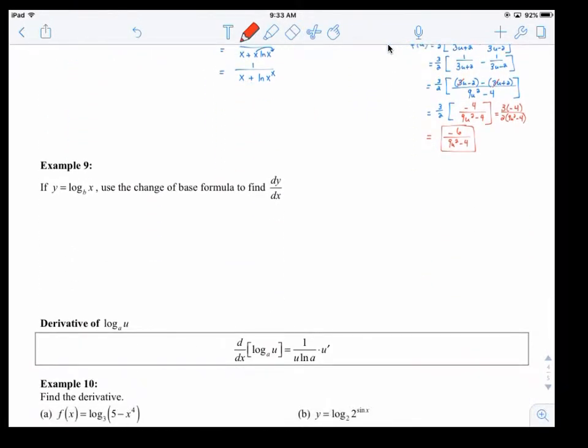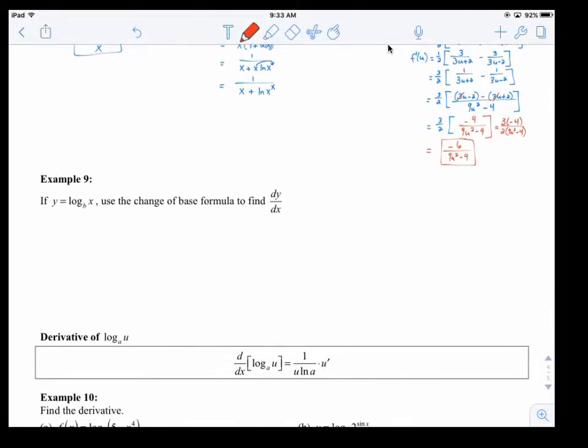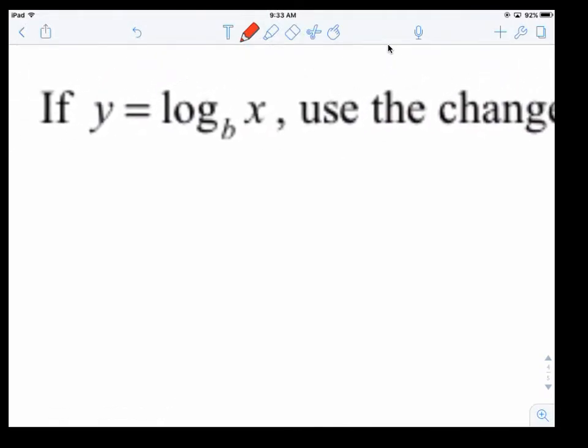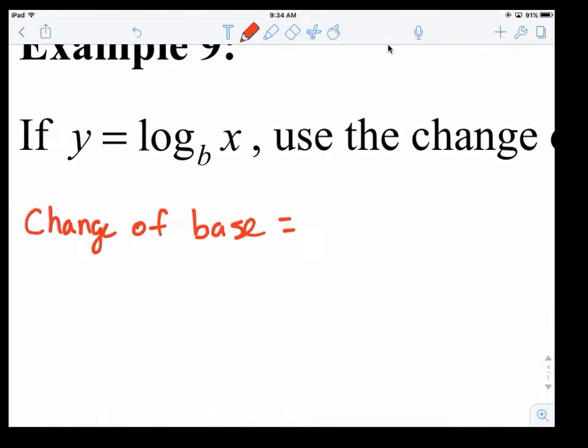All right, so it says number 9, use the change of base formula to find dy over dx. Okay, so change of base. Does anybody remember what that is? So what you can do is take the ln of whatever you're taking the log to, right?